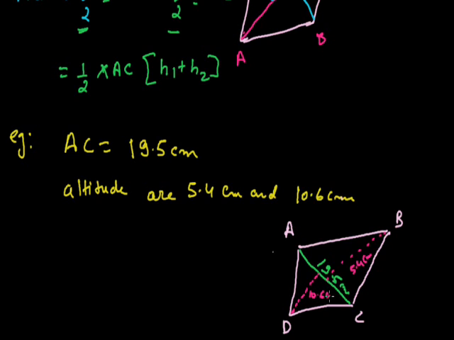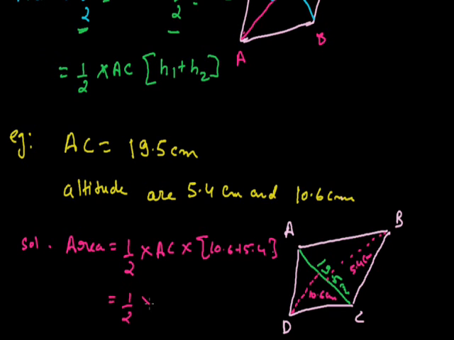10.6 centimeter. So the area will be half into AC into the sum of the offsets, that is 10.6 plus 5.4. So it will be half, AC is 19.5 centimeter, and the sum of these two offsets comes out to be 16 centimeter.